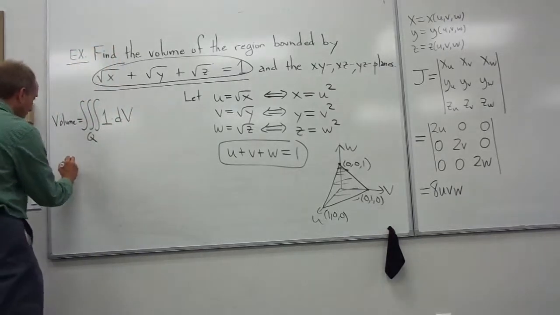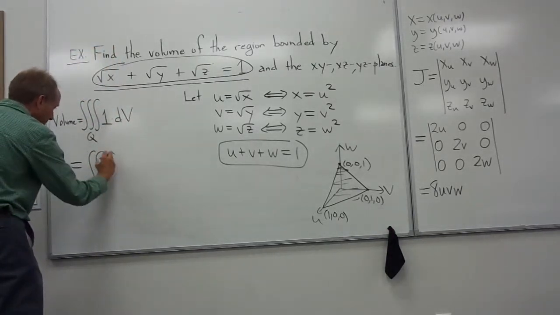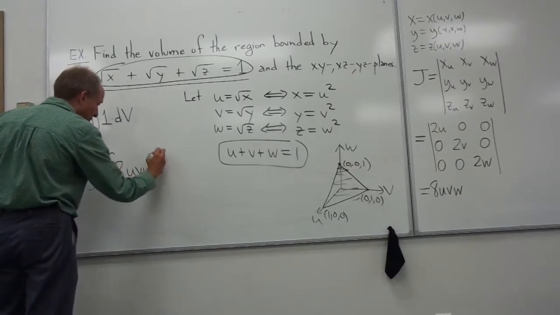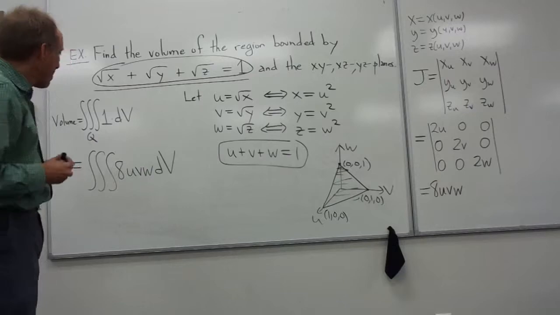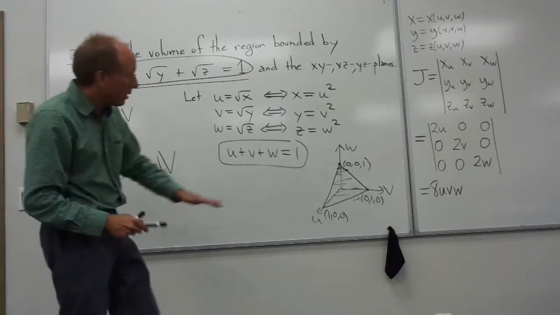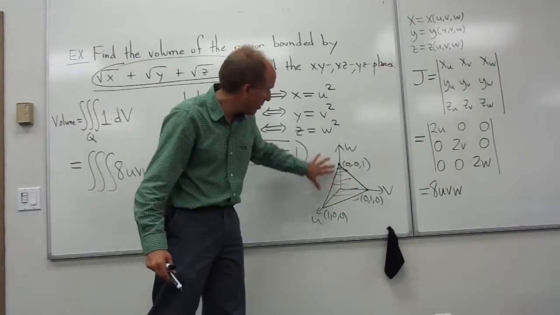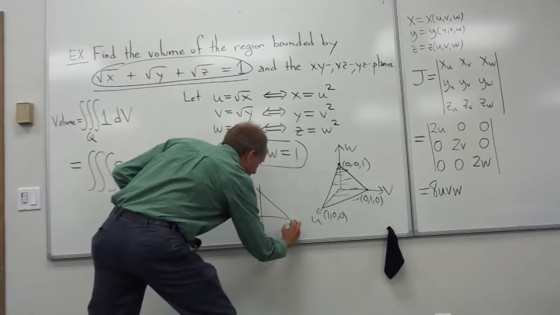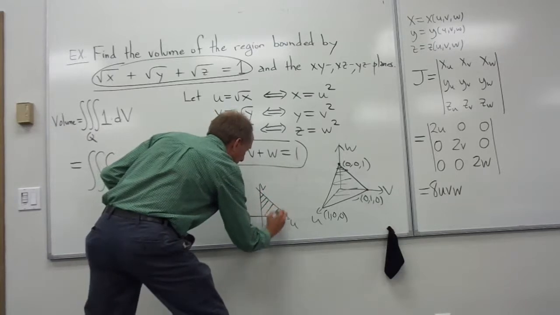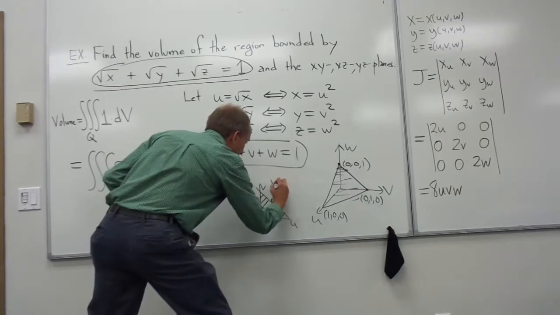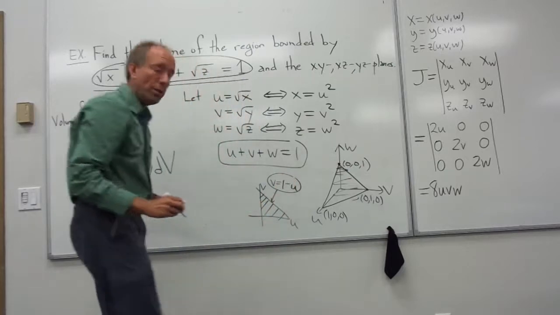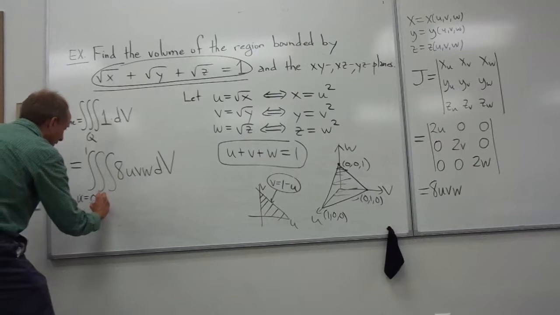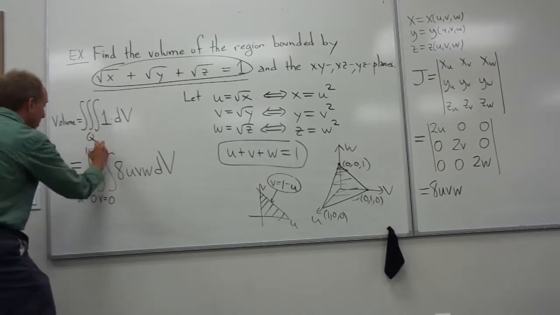So what you're going to have for the volume is the triple integral of 8uvw dV. The limits of integration correspond to this picture right here. In the uv plane, we have the equation v equals 1 minus u. I can integrate u from 0 to 1, and then v from 0 to 1 minus u.